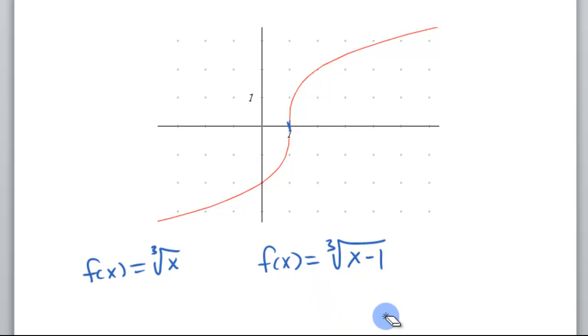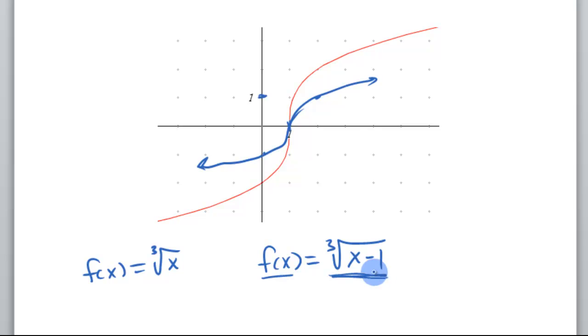Okay, so now I've moved it to the right, but now I also have to deal with this doubling, because right now it's this one right here. It goes there, and it looks like this. But that's not the graph I have, you see? It's actually stretched out. Look at that. That 1 becomes a 2. So now I have to take that y value and multiply it by 2. Remember f of x is y, so this whole thing is y.